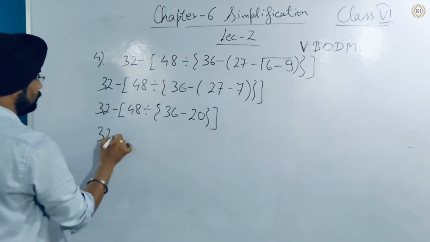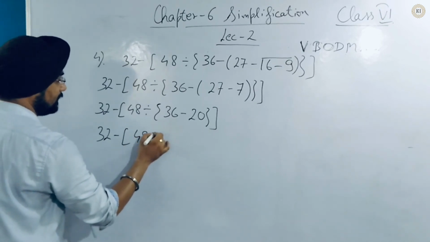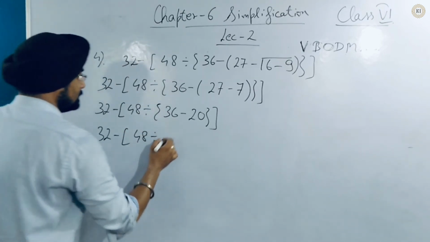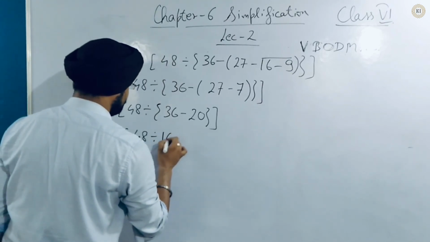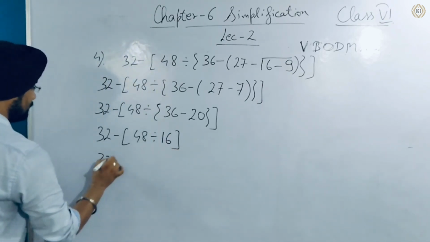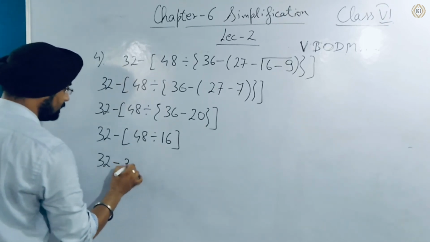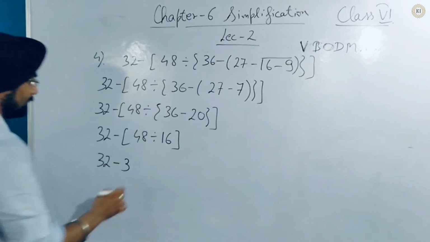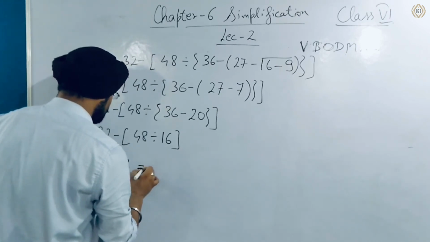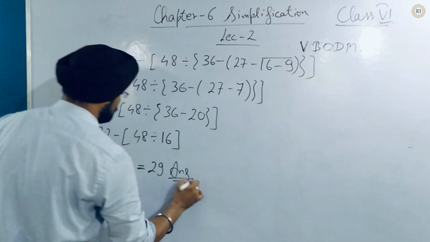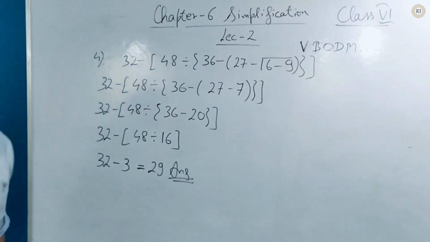So 32 minus 48 divide 36 minus 20 will be 16. 32 minus then 48 divided by 16, that is 3, and 32 minus 3 will be 29, and that will be our answer.